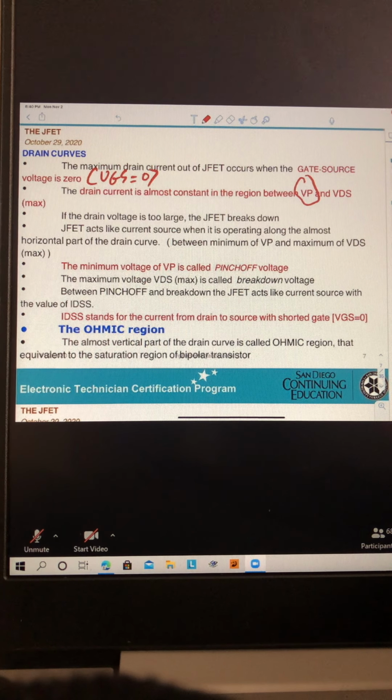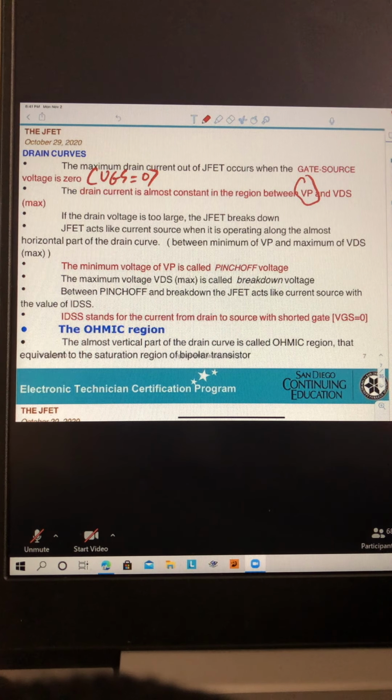IDSS stands for the current from the drain to the source with the gate shorted, VGS equals zero. That's what I will be asking you all the time. What is IDSS?